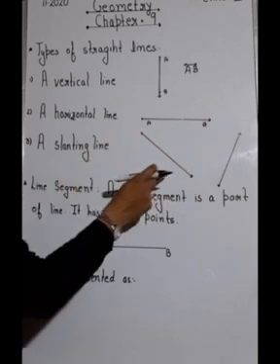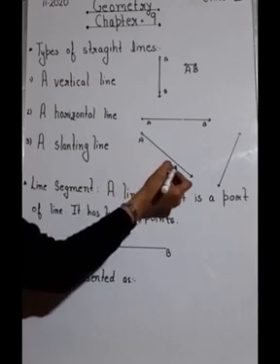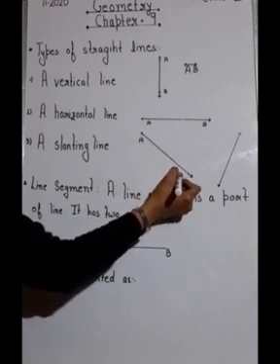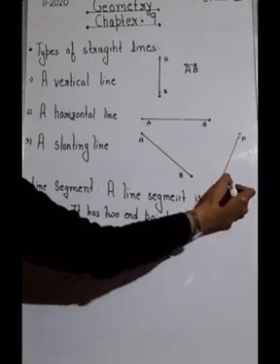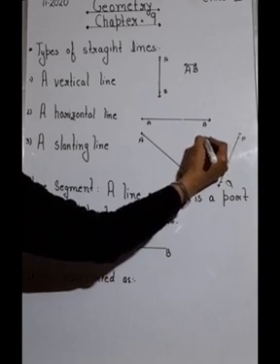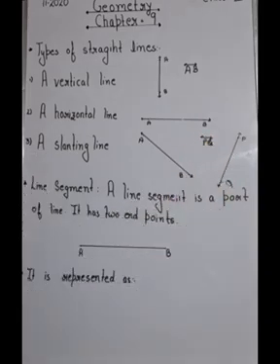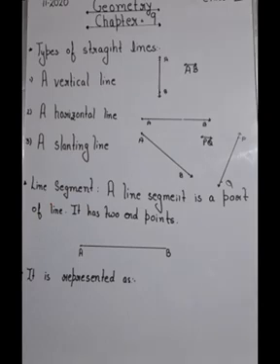These two are your slanting lines. You can name them with points A and B, or P and Q, and the line is named PQ with a line symbol over it. Clear? So these are the three types of straight lines: vertical line, horizontal line, and slanting line.